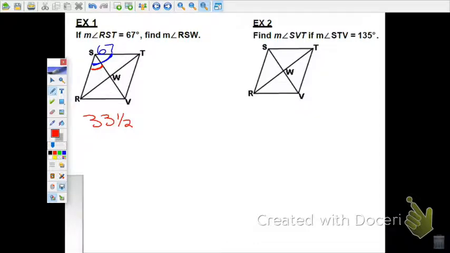Example 2 says to find the measure of angle SVT. So we're looking for this red angle. They're telling us that STV is 135. Okay, STV is 135. They want us to find SVT. So a couple different properties we're going to apply here.